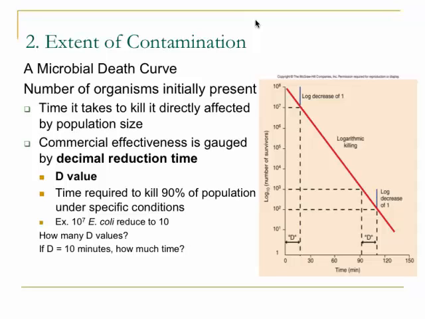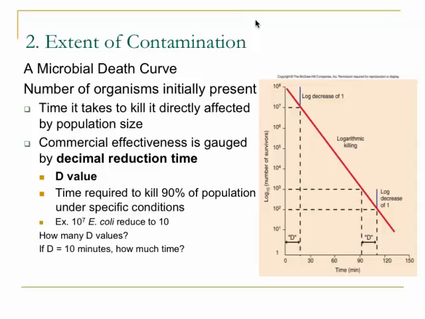In the case of a population where you have 10 million, for example, and you want to reduce it to almost nothing, like 10 organisms, 10 to the 1st power, you calculate it by taking the exponent. You have 10 million, and you want to go down to 10.